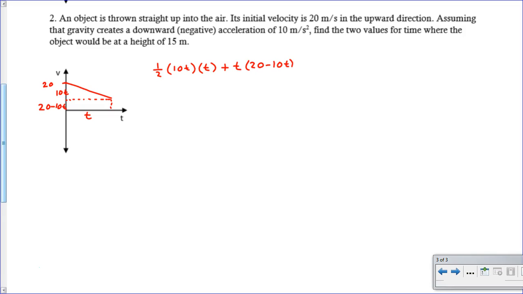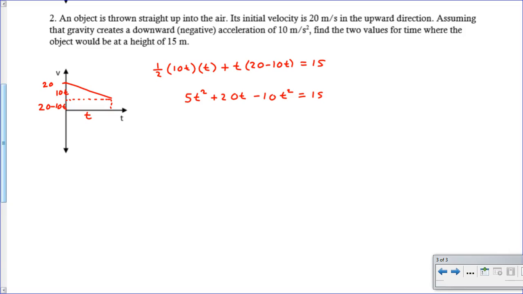And we know that this has to equal 15 meters because that's the distance that it travels. I said find the times where it's traveled up to a height of 15 meters. So that's the area. We simplify this, and we get 5t squared plus 20t minus 10t squared equals 15.